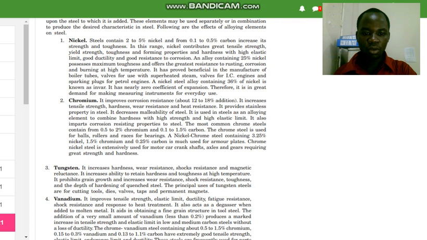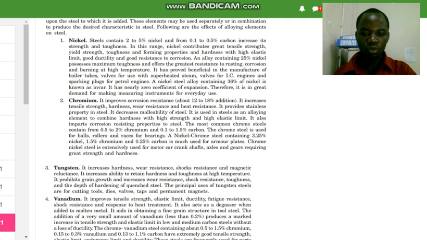The most common chrome steel contains from 0.5 to 2% chromium and 0.1 to 1.5% carbon. The chrome steel is used for balls, rollers, and races for bearings. A nickel chrome steel contains 3.25% nickel, 1.5% chromium, and 0.25% carbon.